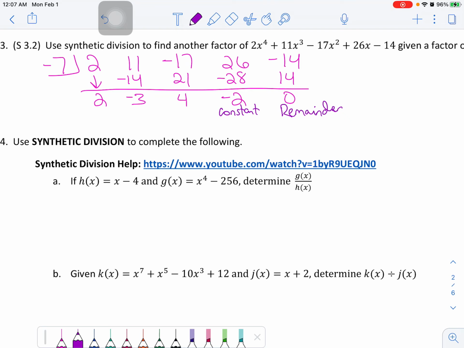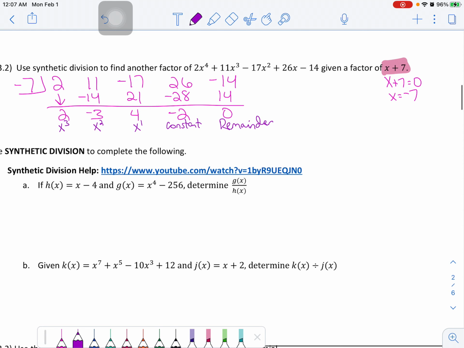The next value to the left is the constant, and then I'm going to start counting up my powers of x. So the next number to the left is going to be the coefficient for x to the first. The next number over is going to be the coefficient for x squared, and then the first number here is the coefficient for x cubed. So if I write that answer out, the other factor would be 2x cubed minus 3x squared plus 4x minus 2.